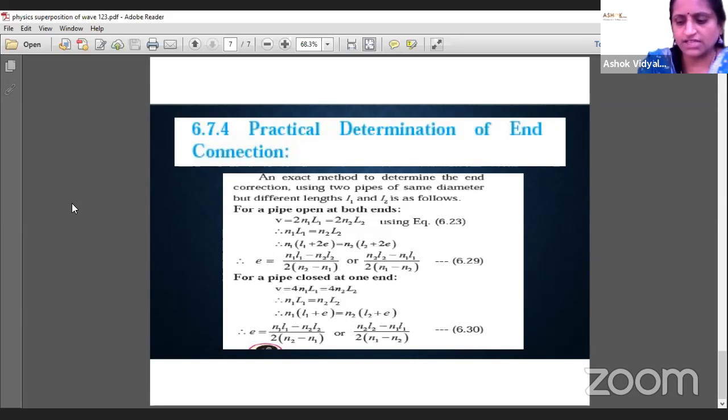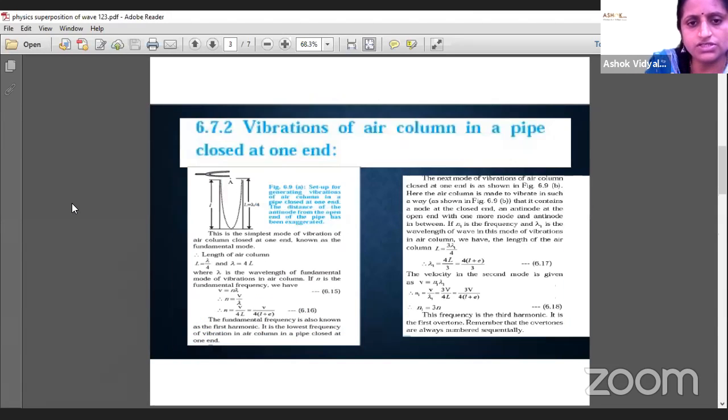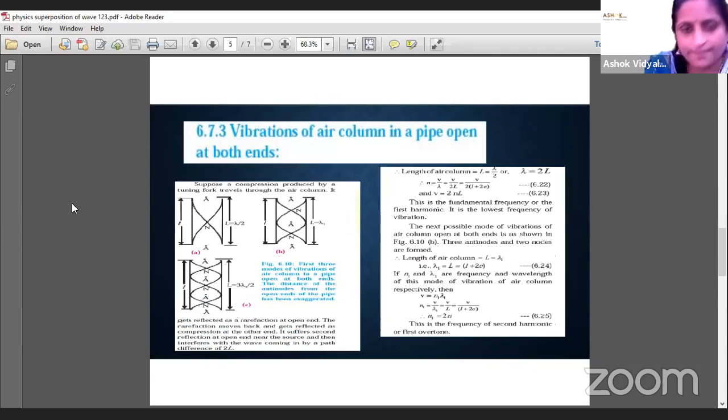Now, in the next lecture, we will see the vibrations produced in a string. Now, the questions that arise are on these equations and on the practical determination. First one, vibrations of air column in a pipe closed at one end. Next, vibrations of air column in a pipe open at both the ends.